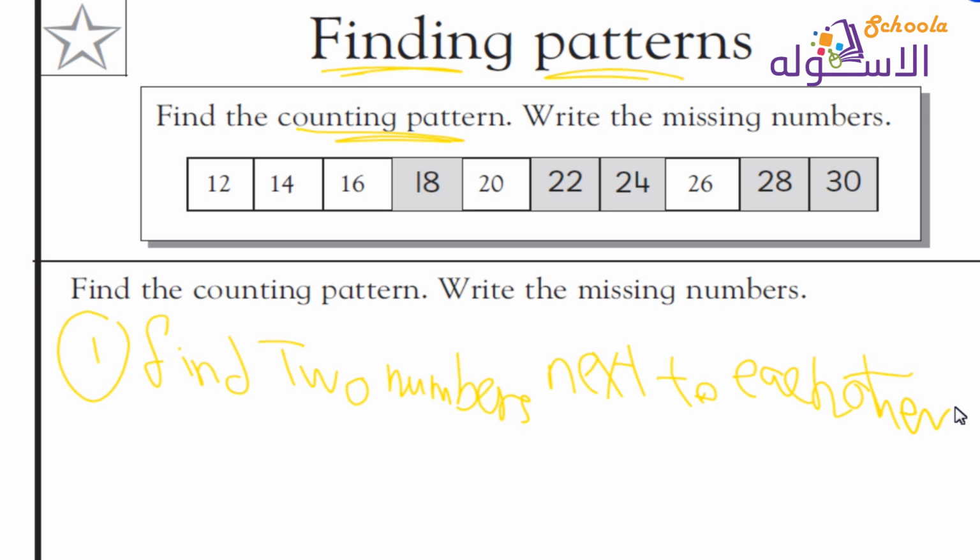For example, here you have 12 and 14, 14 and 16, like that. Any two numbers next to each other. Then what do I do next?